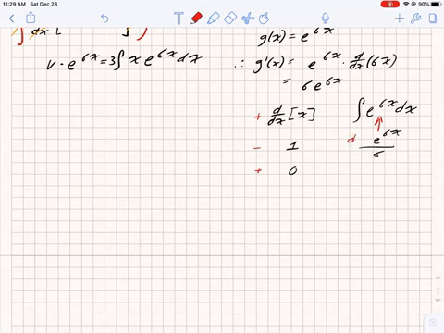So when you take the derivative of this, you'll get 6e to the 6x over 6. These will cancel, and we'll get this equation right here. So that's how you check it. So that looks good. We're going to need to take another integral.